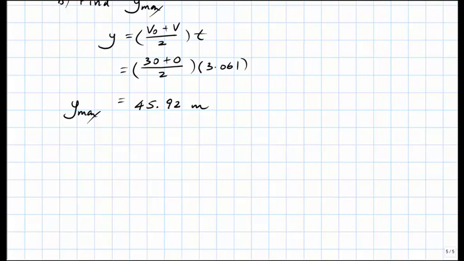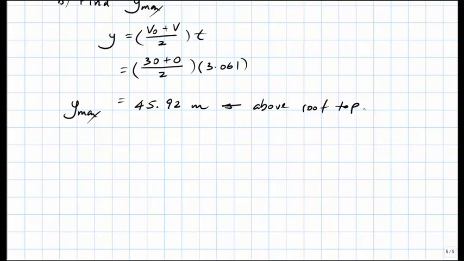Of course, this is 45.92 meters above the rooftop, and I'd like to note that. If we had to determine the height above the ground, we would actually have to add 75 meters to this value.